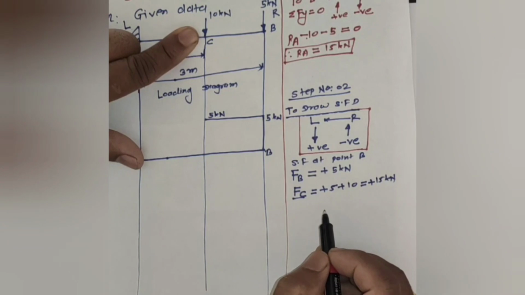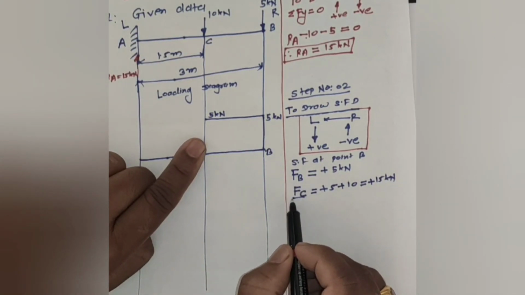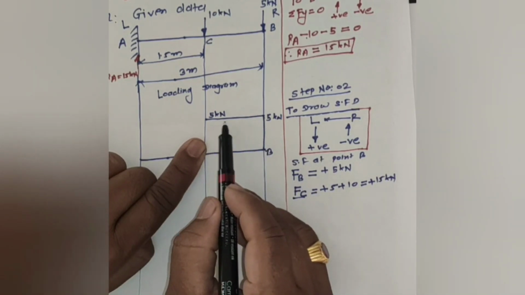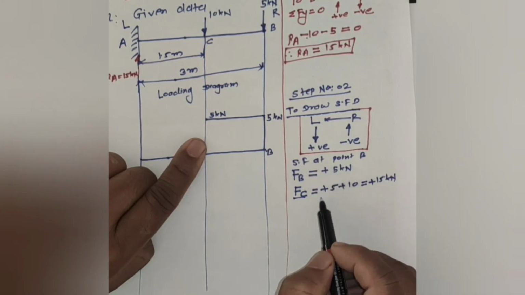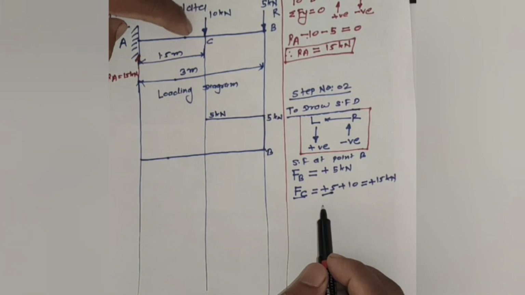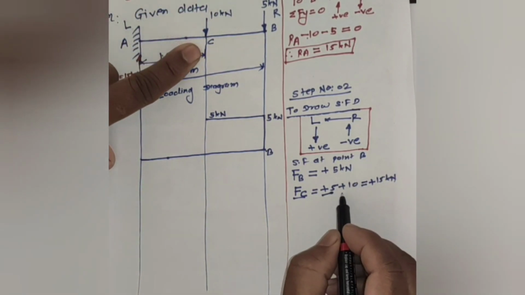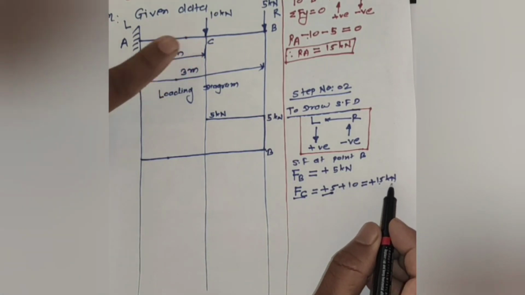Again listen carefully. Suppose you have to calculate the shear force at point C. Shear force means what? Algebraic sum. Algebraic sum means the last plus 5 as it is, and then again you have to add the other point load at point C, plus 10 kilonewton, that is 15 kilonewton.